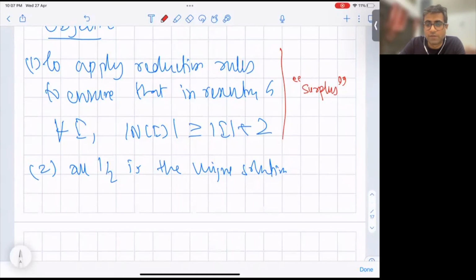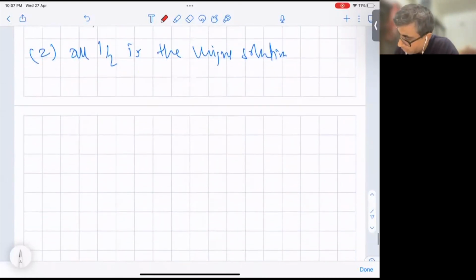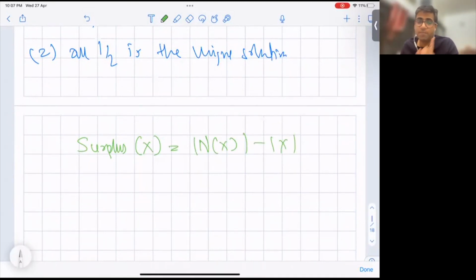Okay, so this is what is defined. The surplus of some set X is basically this. So surplus could be of an independent set.